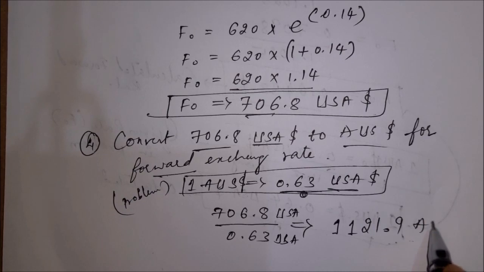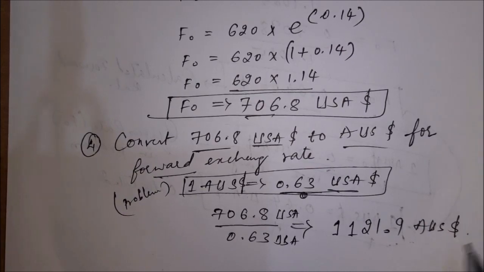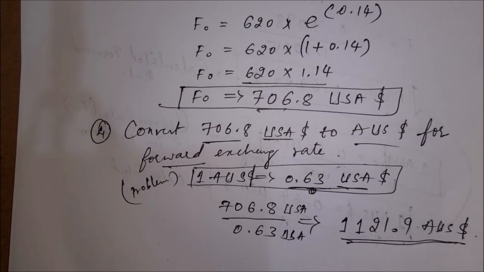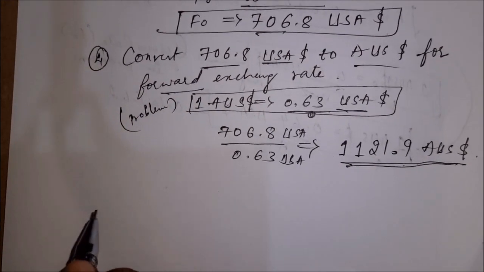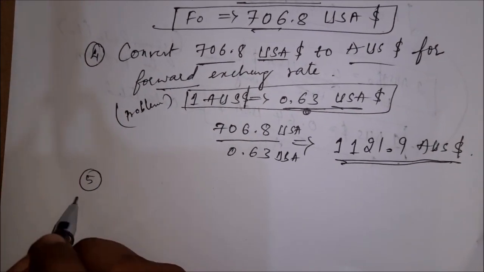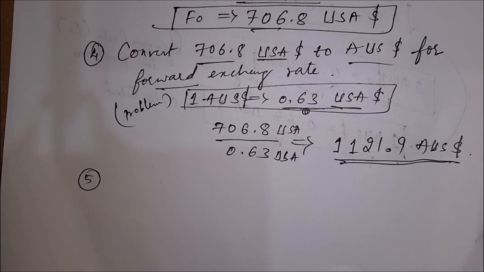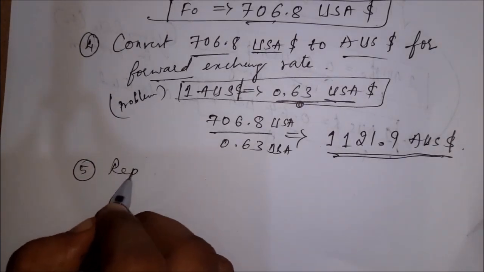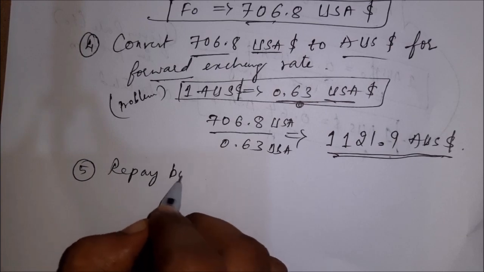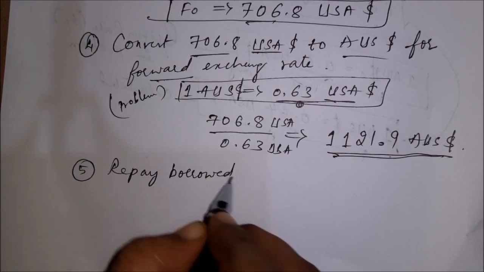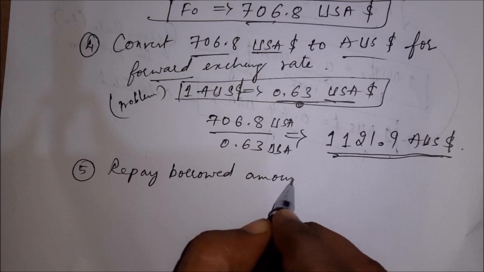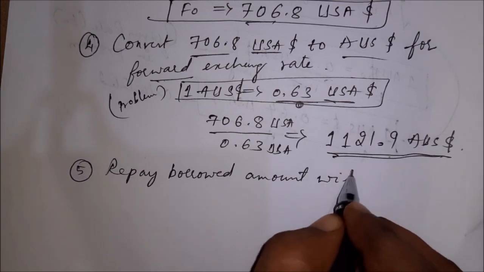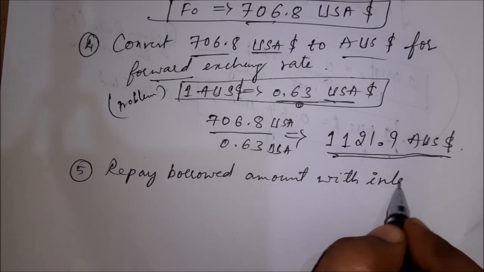Okay. In the fifth step, we have to repay the borrowed amount with interest. We have a borrowed amount, right? How much have we borrowed? 1000. So we have to repay with interest. Now how will you calculate this? With the formula F naught is equal to S naught into e to the power RT.